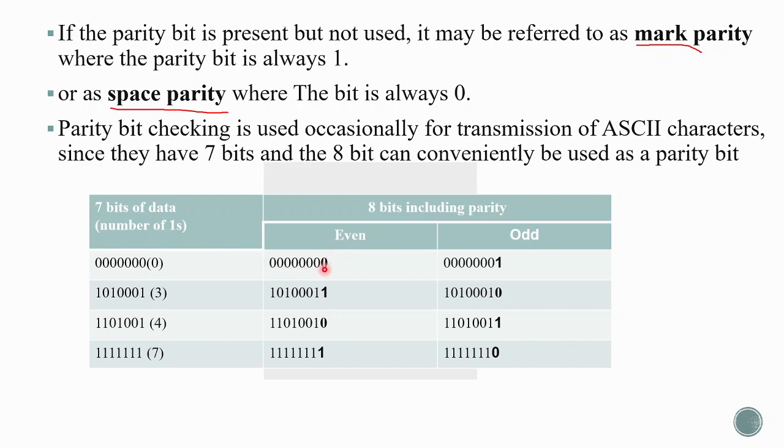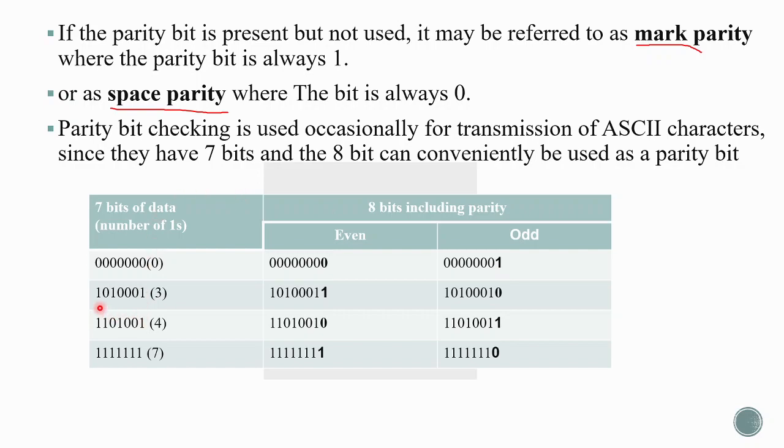So we selected 0 for our even parity. This is our even parity bit added number. Consider odd parity. For odd parity, we have to make the total number of ones an odd number, right? So I have added a 1 here.